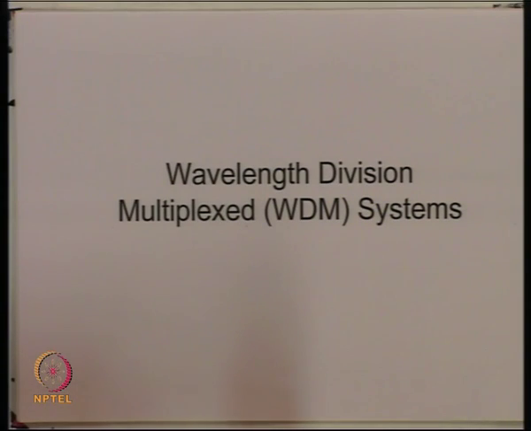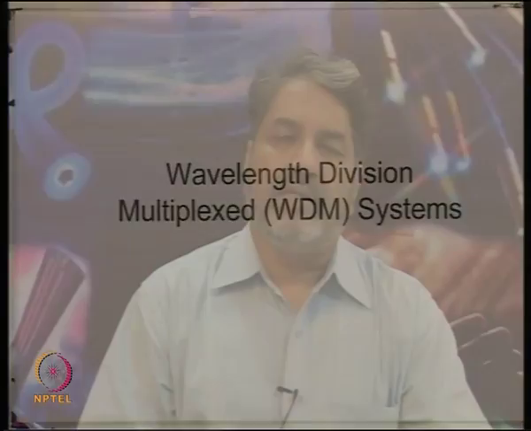Now, what is the origin of this WDM system? If you recall, when we discussed the point-to-point communication link and the sources and detectors used for it, we found that they have a bandwidth limitation.